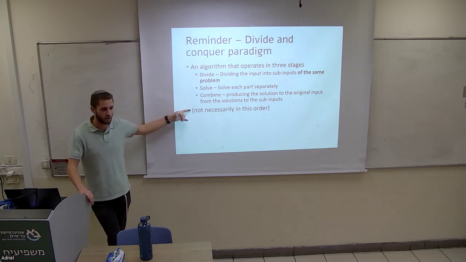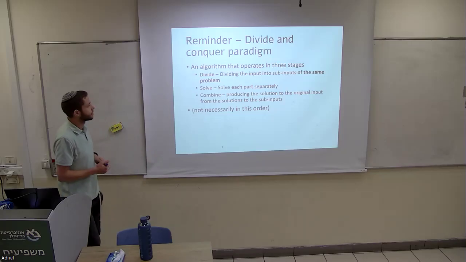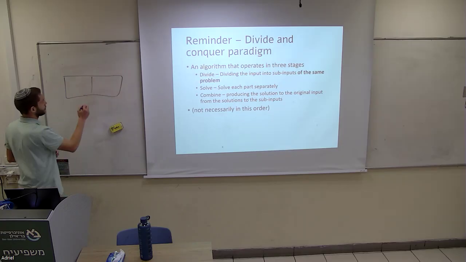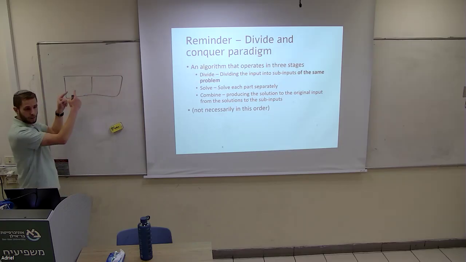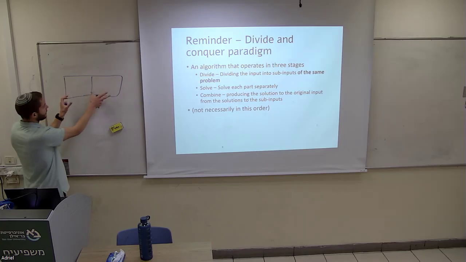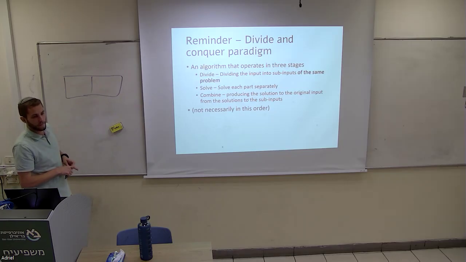So it's not necessarily in this order. When we divide the array into two, we call each one recursively, and when we add them back, what do we have to do? We have to compare both elements. We have to combine two arrays into one longer array, right?